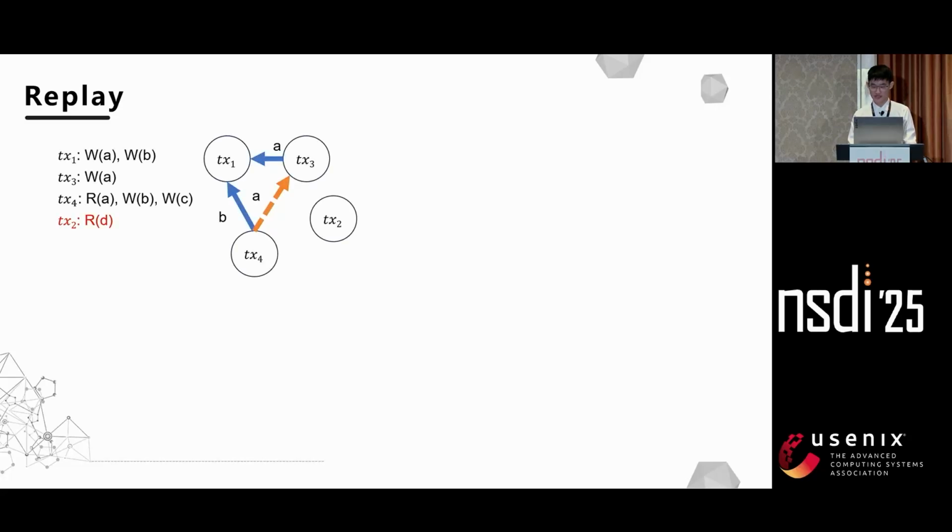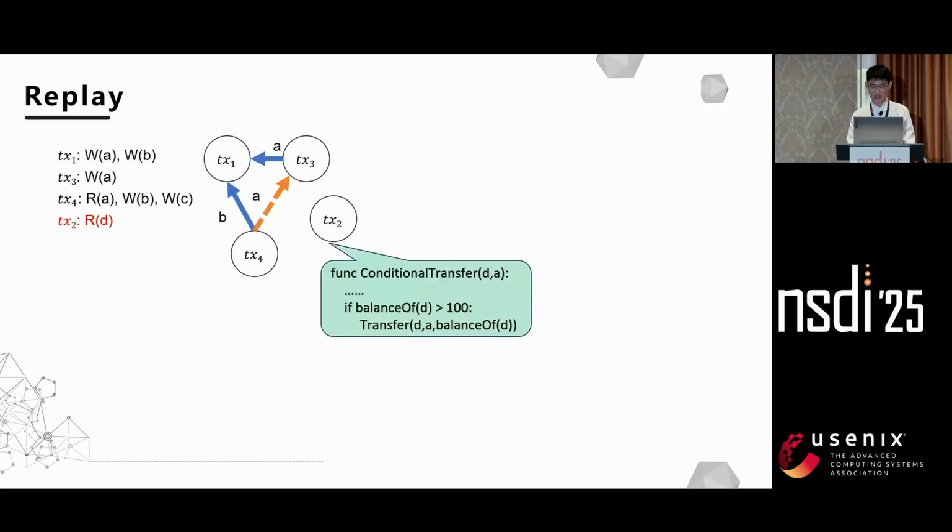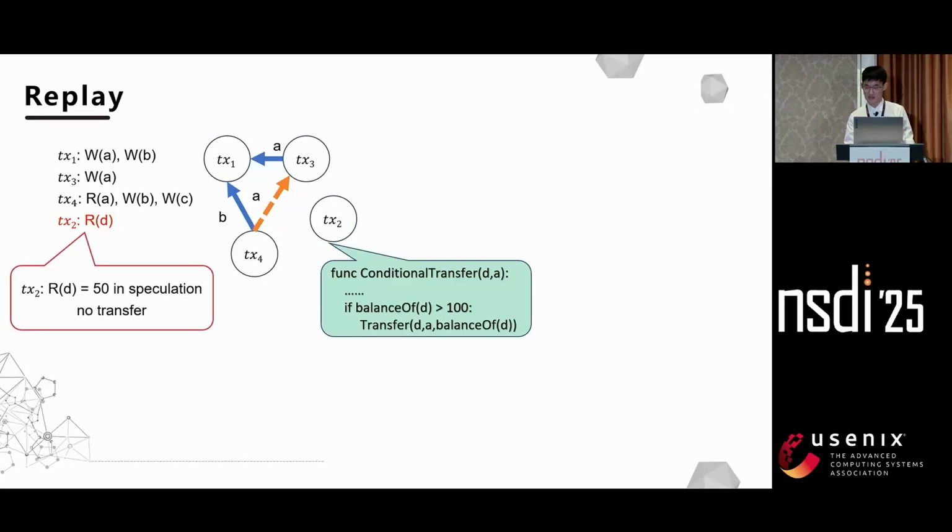Then we should process in detail. Recall the function conditional transfer. If the balance of D is greater than 100, the balance will be transferred to A. This function is called in transaction TX2. Note that during speculation, the balance of D is 50, so TX2 only reads key D. Following the dependency graph, TX1 and TX2 have no previous dependencies.